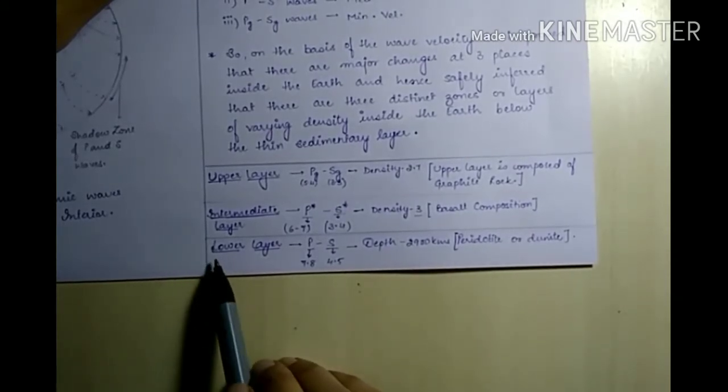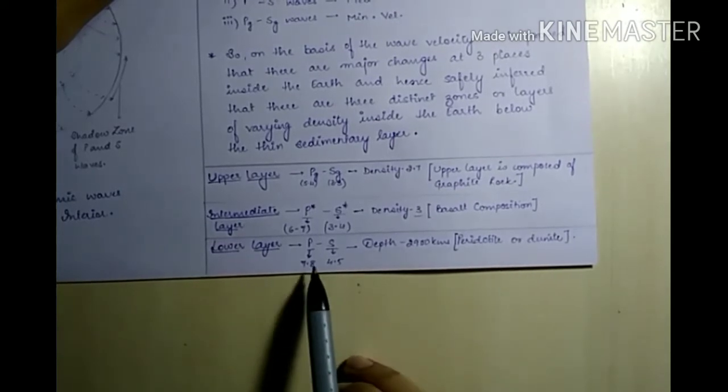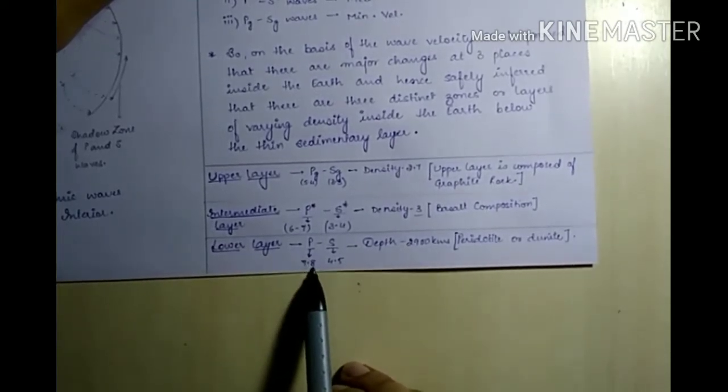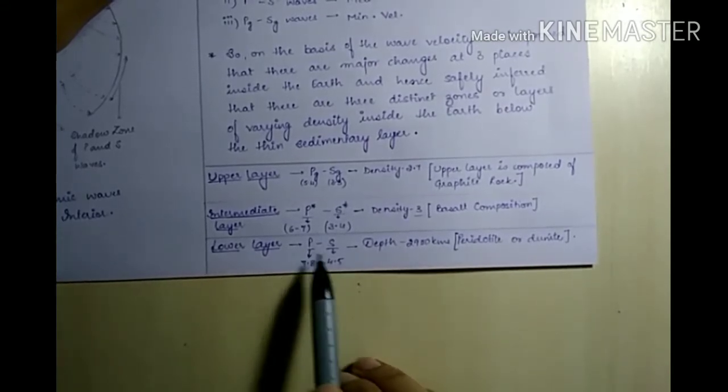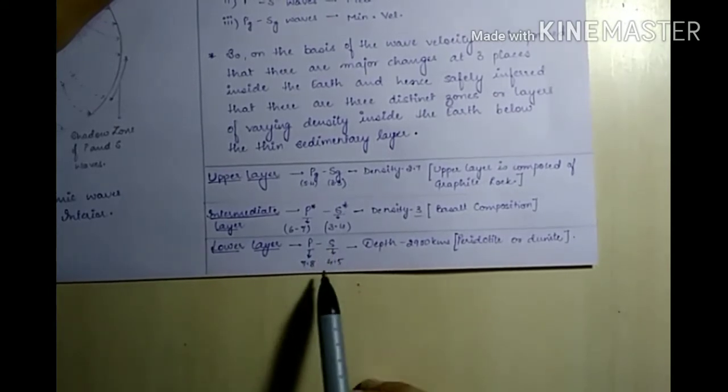Now, the lower layer, here the maximum velocity waves were passed and the velocity of waves were 7.8 km per second for P waves and 4.5 km per second for S wave.